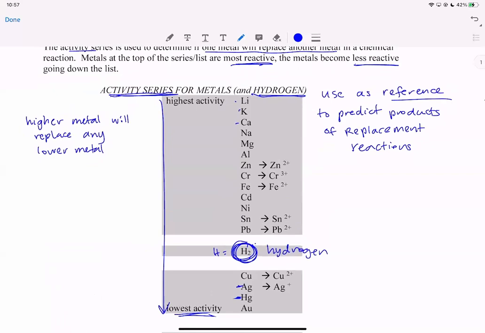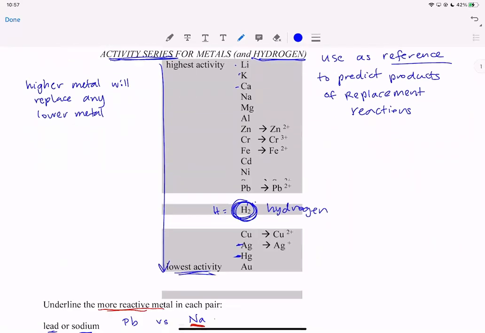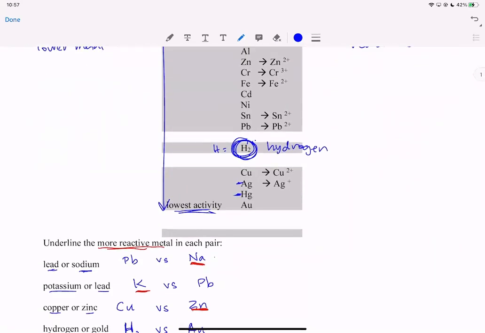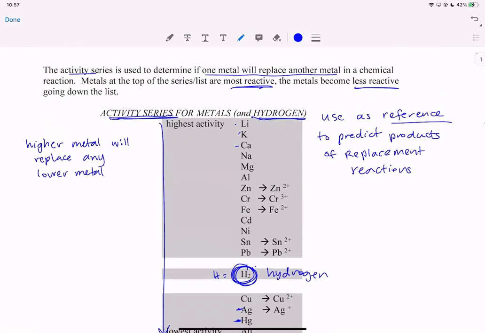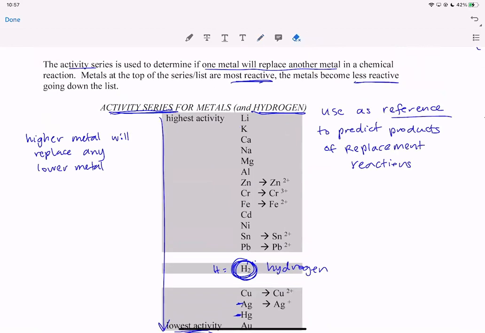Let's say you knew that this sodium was more reactive, and this more reactive sodium means it will replace this lead, okay? But before it does that, it first needs to form the ion, okay? And so that's the second half of this activity series.